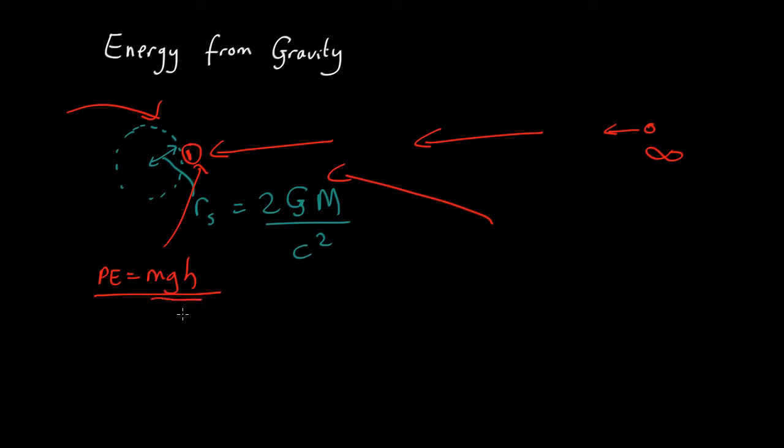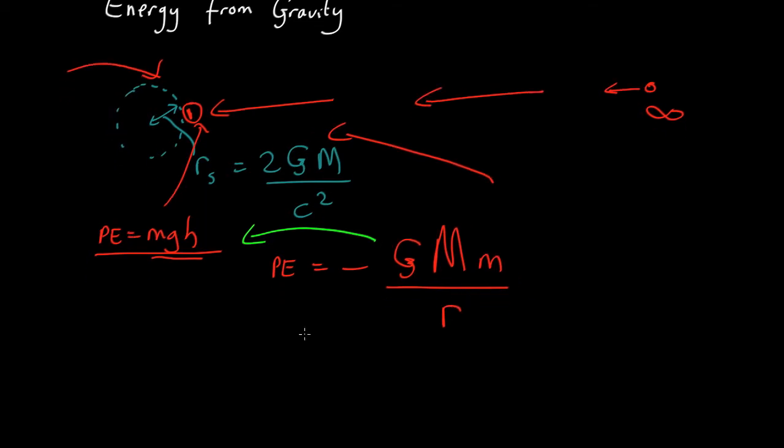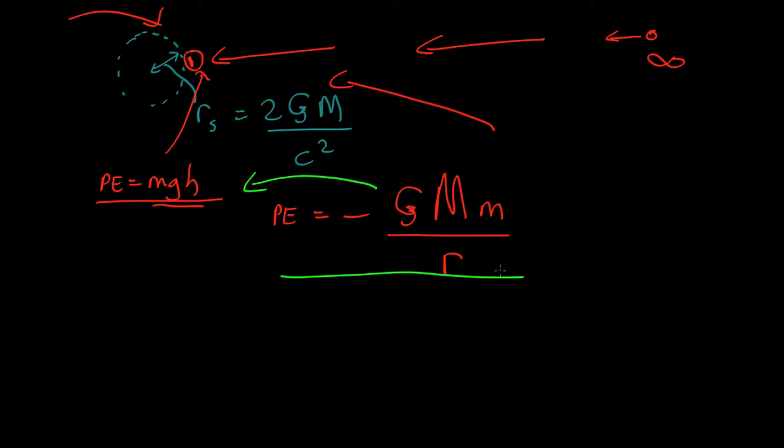It's valid for when things are near the surface of the Earth, but when you're moving around in space, you need to use the full form of the equation, which is the potential energy equals minus G, M of the black hole in this case, m of whatever it is that's moving around, over the distance r. And this, it turns out, acts like mgh when things are moving around a very small fraction of the radius, like within a room on Earth. But this is the form we'll need to use.